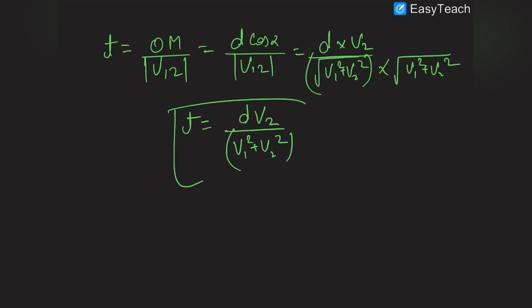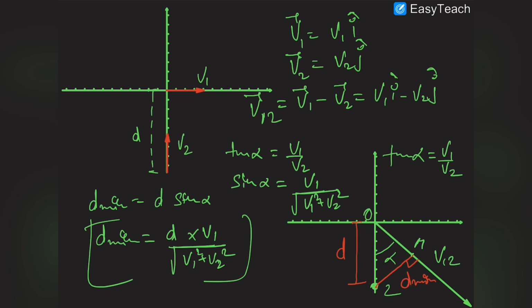This is the time taken by the particle to reach the shortest distance with respect to 2. And the shortest distance is this one: d minimum is equal to d v1 upon under root v1 square plus v2 square.